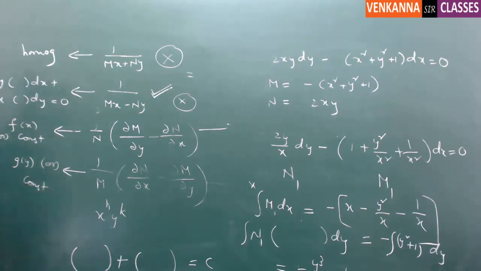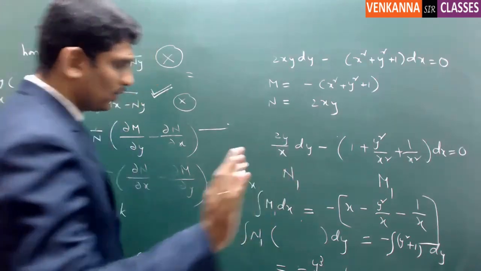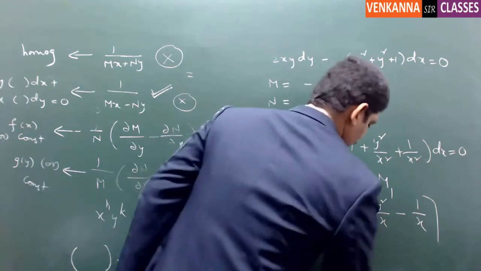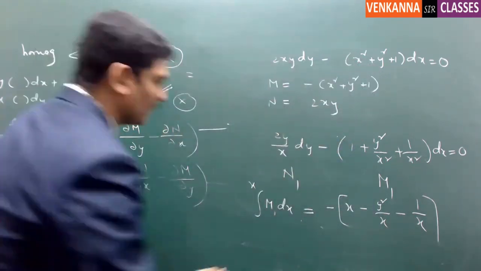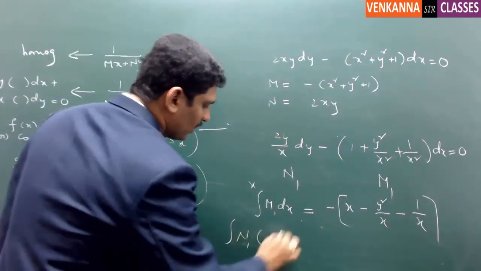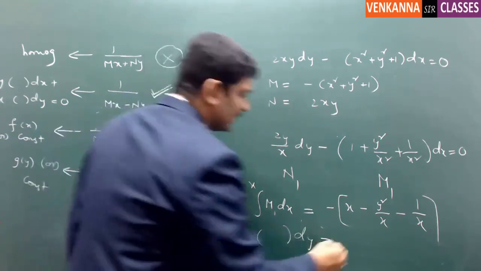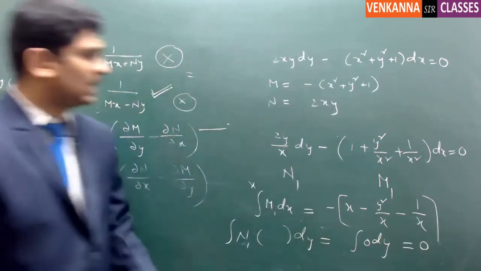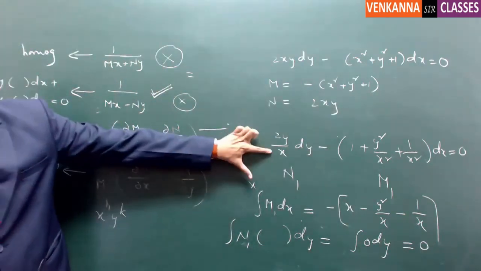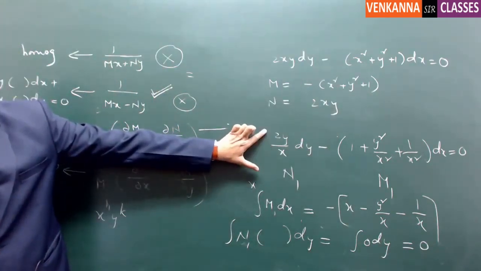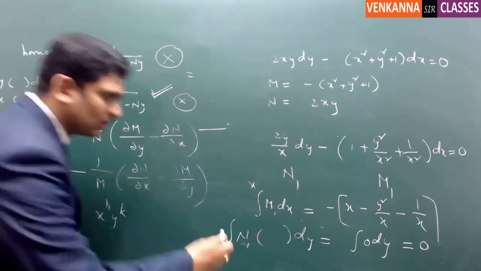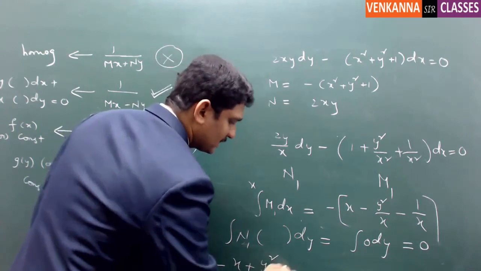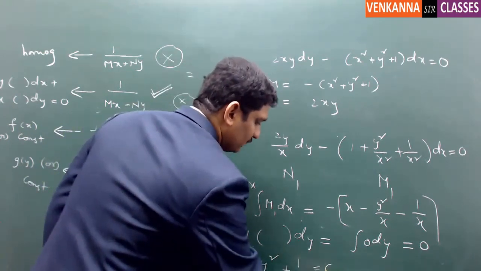Here, N1 is, okay, just hold on a second. Sorry. So, terms of N1 of dy, here it is just 0. Because here in N1, y terms are not individual. So the solution is 0. So the final solution is minus x plus y square by x plus 1 by x equal to c.